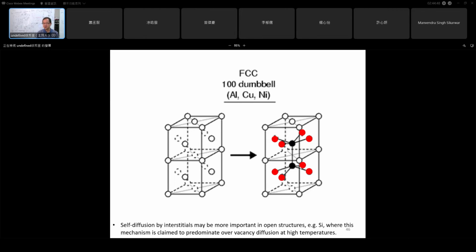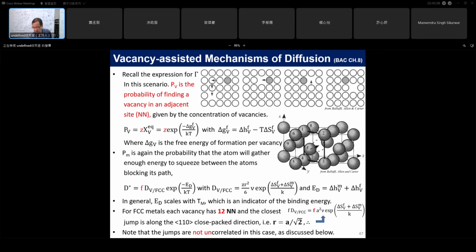So for the self-interstitial dumbbell in FCC, like nickel, copper, aluminum, you use 8 for the dumbbell self-interstitial.